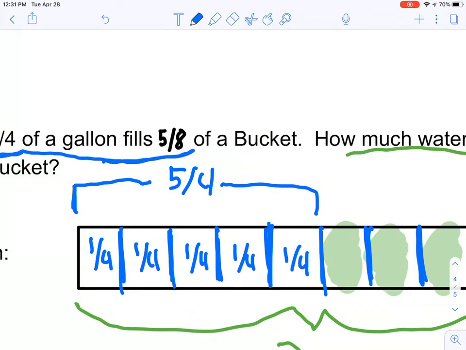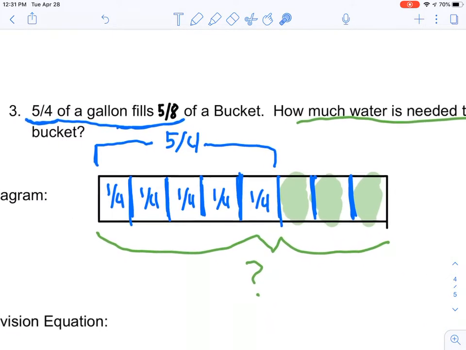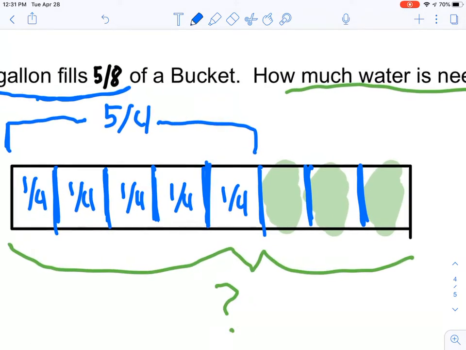Okay, excellent. And why is that? Well, because 5/4 divided equally into 5 groups means 1/4 is in each one. But now, how much will be in the entire bucket? How much water do we need? Well, let's go ahead and continue, because remember, every group must have the same amount.